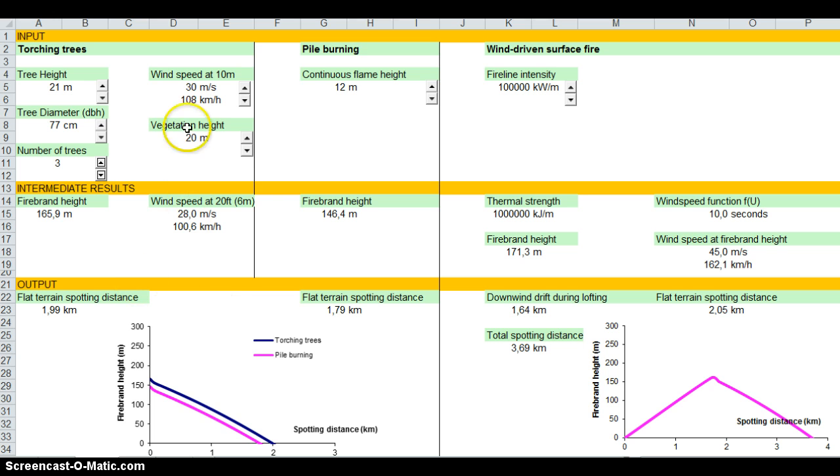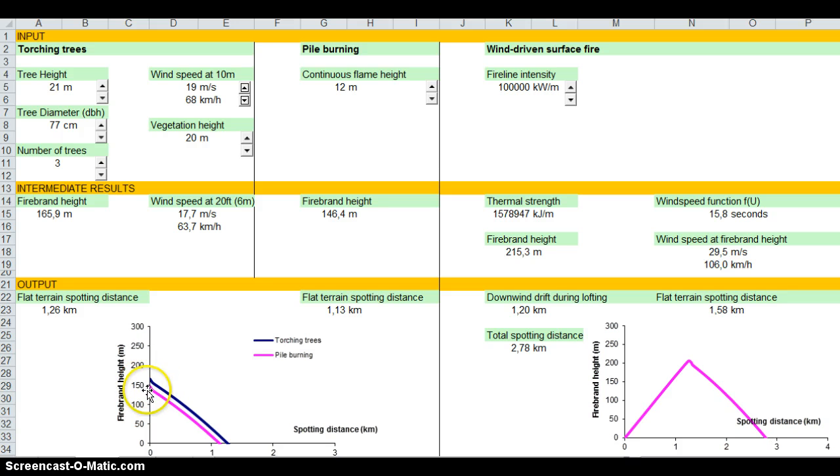And also the difference could be because of vegetation, of wind speed. If you increase wind speed or if you decrease wind speed, you'll see that firebrand height will be the same, but the spotting distance will be smaller. And vegetation height can also play a role because, as we saw before, vegetation height is also controlling the wind profile.